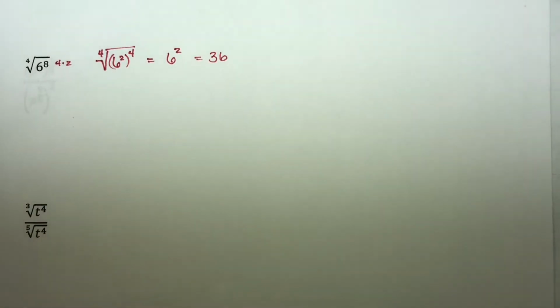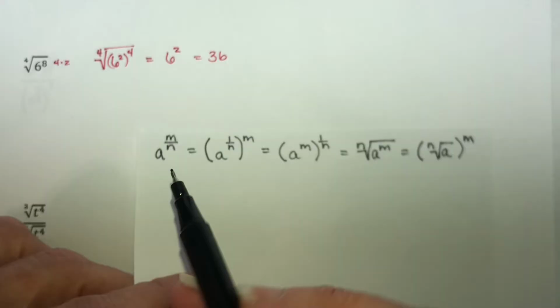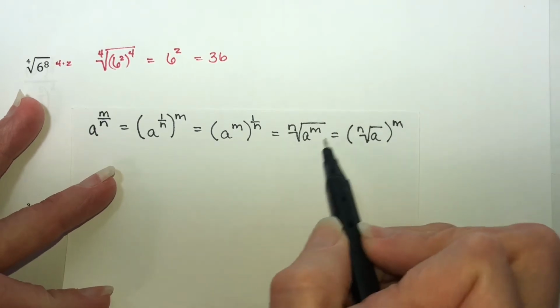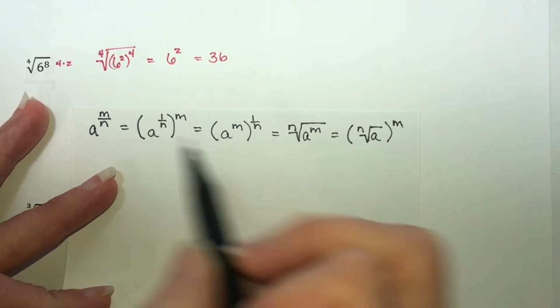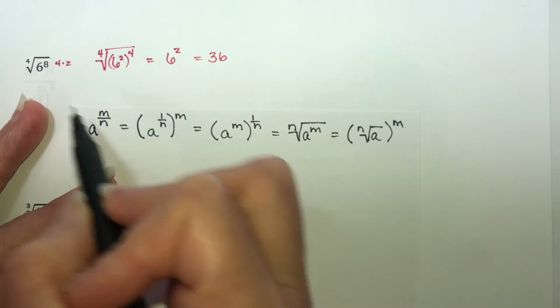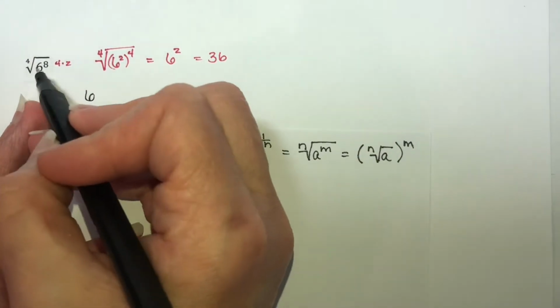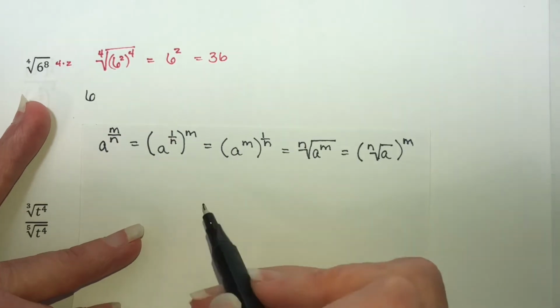But there's another way of thinking about this, one that is actually probably easier to deal with. And I'm going to take this and I'm going to go backwards. Right now I have something in this form right here, and I want to rewrite it as a fraction. So my base is 6. A is the radicand right there.